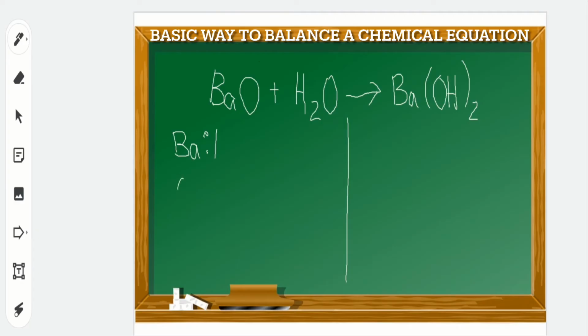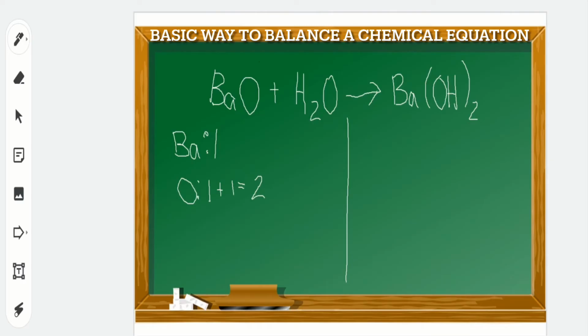For our oxygen, meron tayong 1 dito. And then here, meron din. So meron tayong 1 plus 1. So definitely, meron tayong dalawang atoms of oxygen.